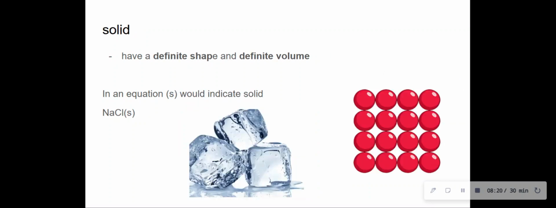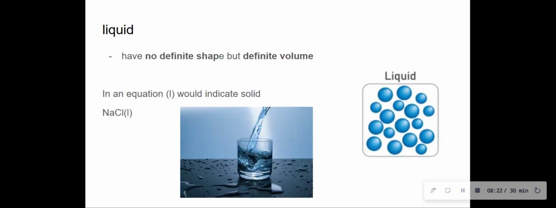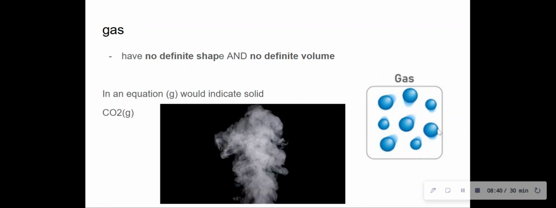There may not be a definite shape, but you still have the definite volume. But when you go from the liquid to the gas, you break the attraction completely. That takes so much more energy, because the atoms push each other away.